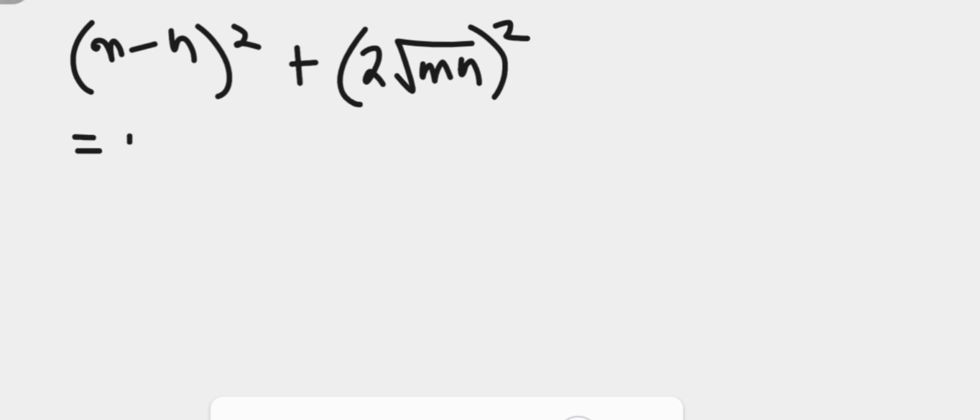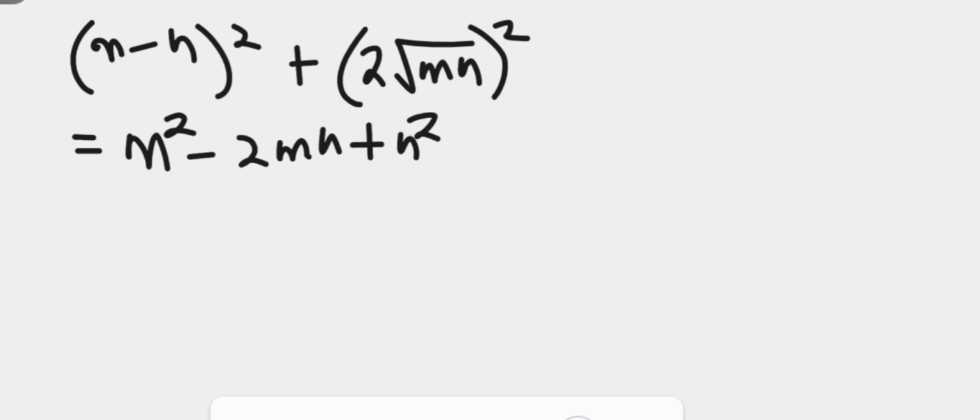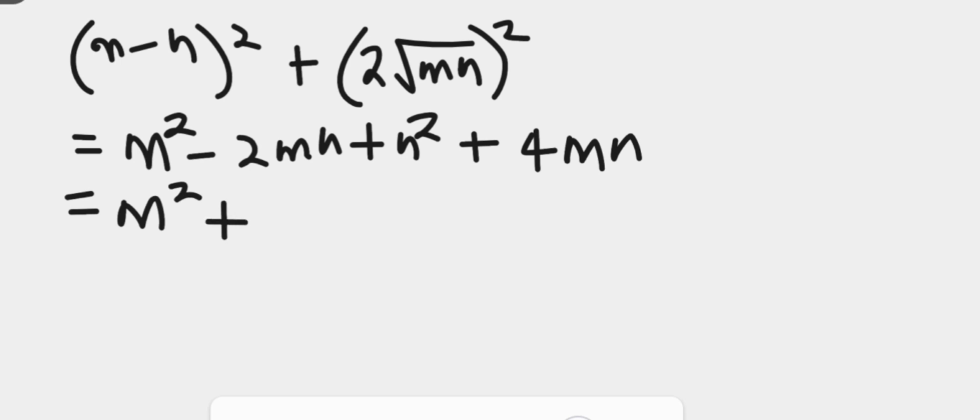The m minus n squared is going to be m squared minus 2mn plus n squared, while the other one is going to be the square of 2 is 4, the square cancels the square root, so we have it as 4mn. Then grouping the like terms, m squared minus 2mn plus 4mn is going to give us plus 2mn and plus n squared. That is the sum of the squares of the opposite and the adjacent side.